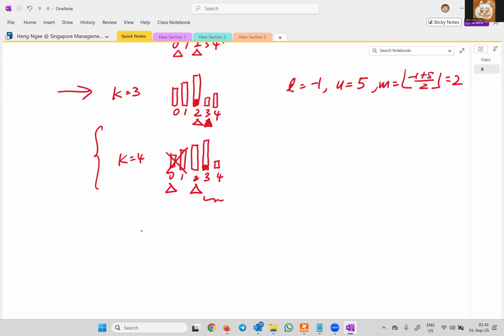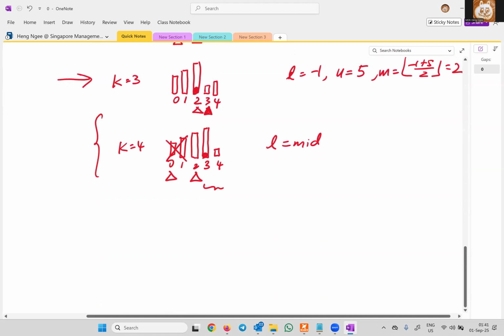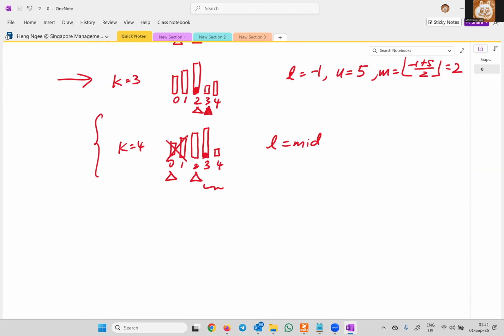And we discard the left half by setting the lower to mid. And we move on to the next iteration. So it's actually very similar to binary search. During each iteration, we get rid of half the number range. And that's why we have O(log n) in time complexity, worst case.